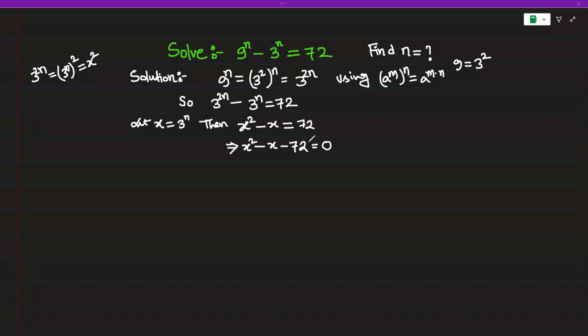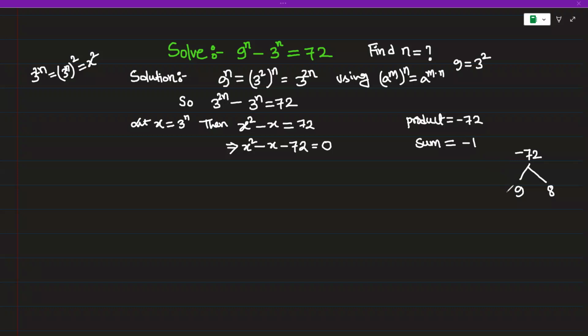Here we need two numbers whose product is minus 72 and sum equal minus 1. If you factorize 72, we get two numbers, 9 and 8. We need sum negative 1.